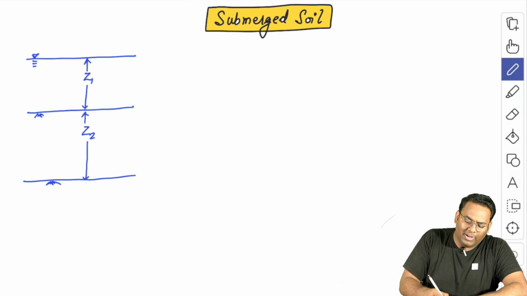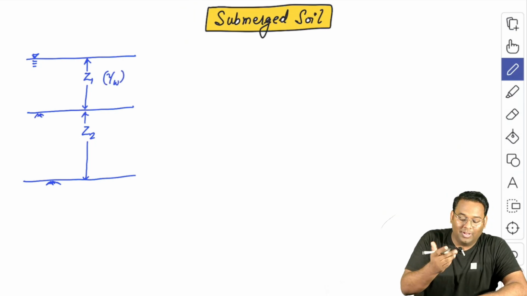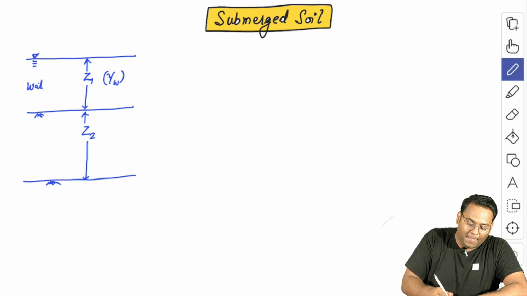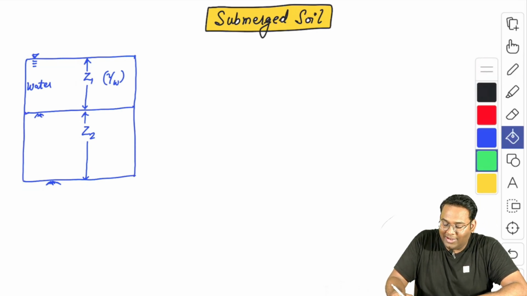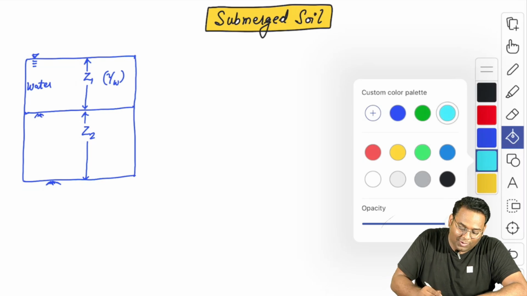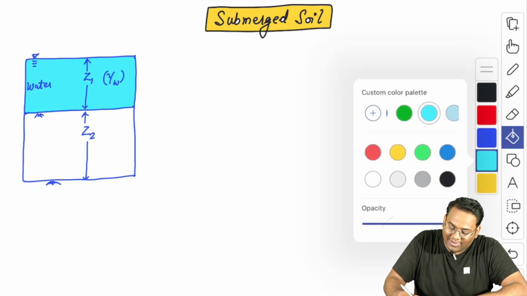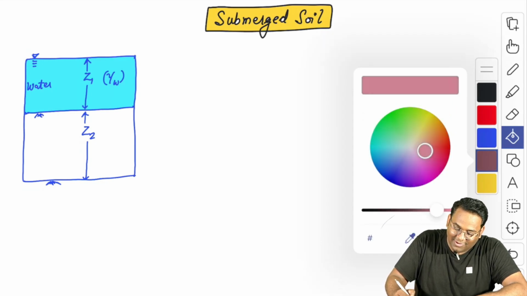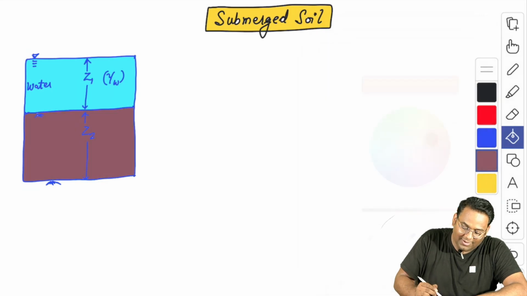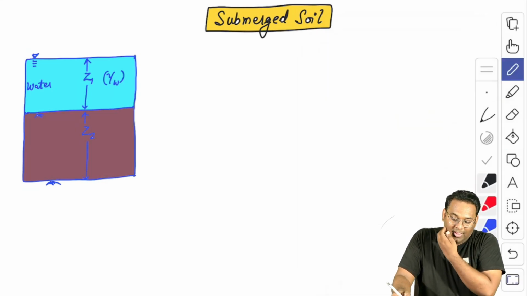Obviously, as there is only water here, we will have the gamma W for the water. Let us suppose that this is the water here. Let me put that into a color also so that you can see the clear difference between these two layers. So this is water, whereas this is clearly soil.